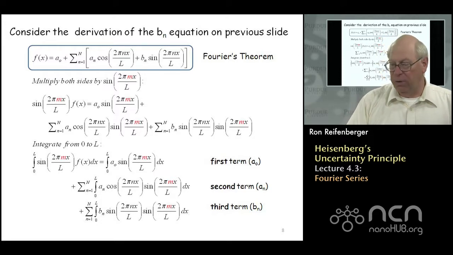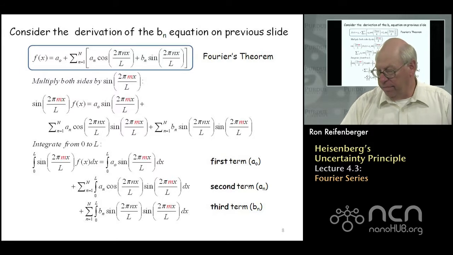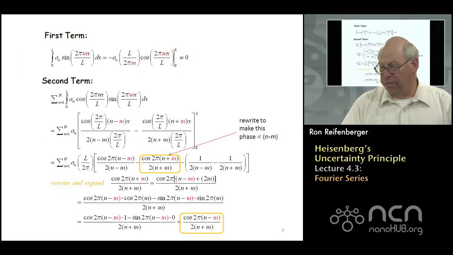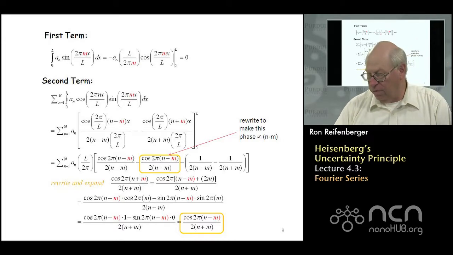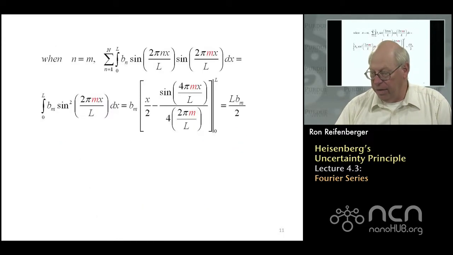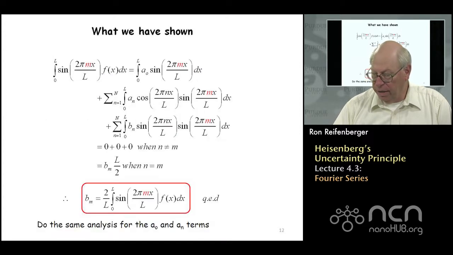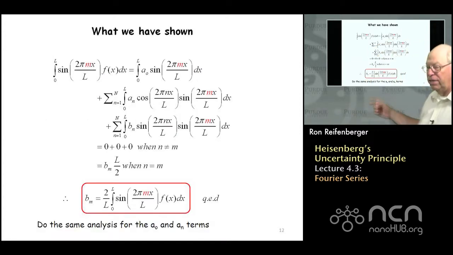The arithmetic is pretty straightforward. You can work through it if you'd like. It's a little bit involved, but at the end of the day, what you can show is that this coefficient b sub n is given by this equation here, which is the same equation that I wrote down a few slides prior.